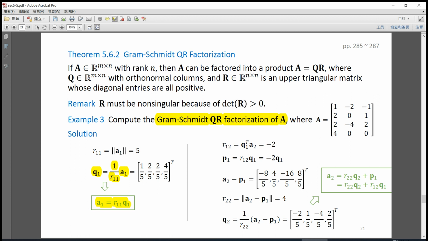Following a similar procedure as in the previous example, we have q2 equals a2 minus p1 divided by its length, and therefore a2 equals r22 q2 plus p1. Because p1 equals r12 q1, a2 equals r22 q2 plus r12 q1.